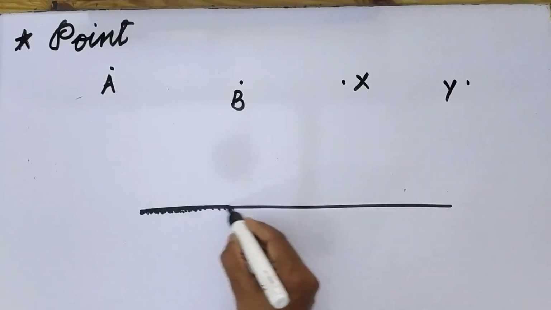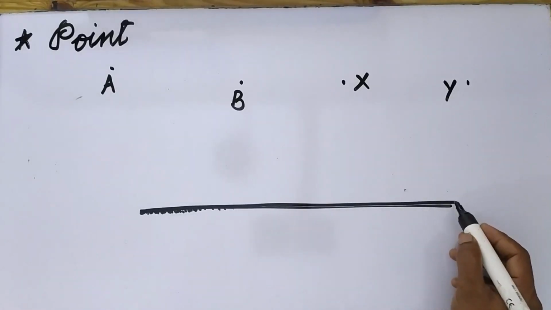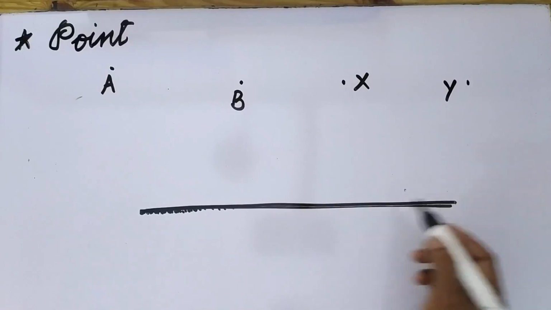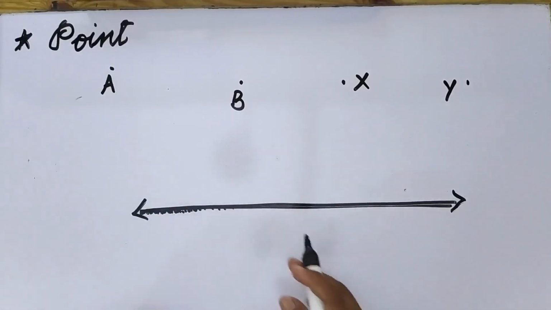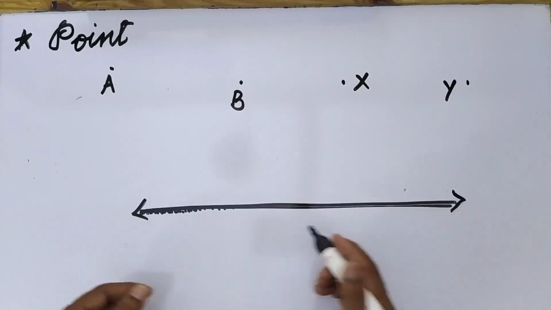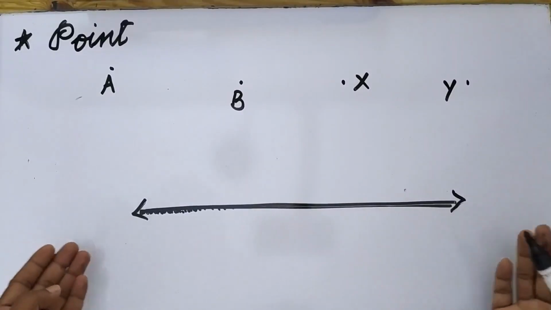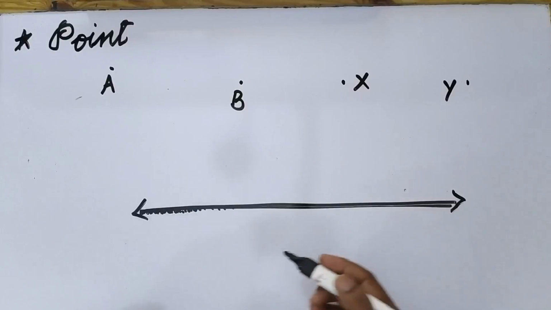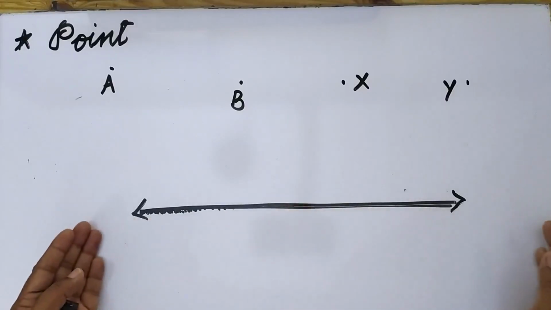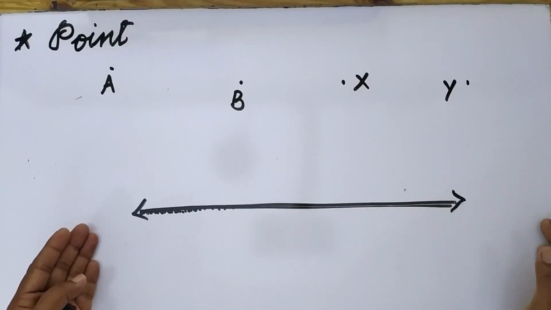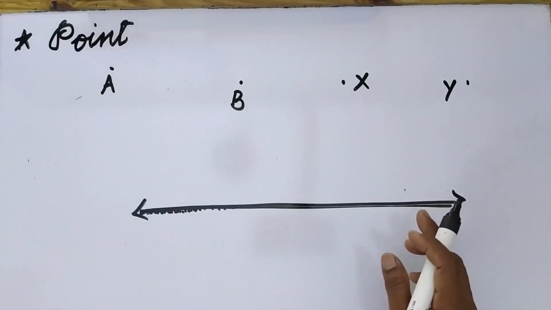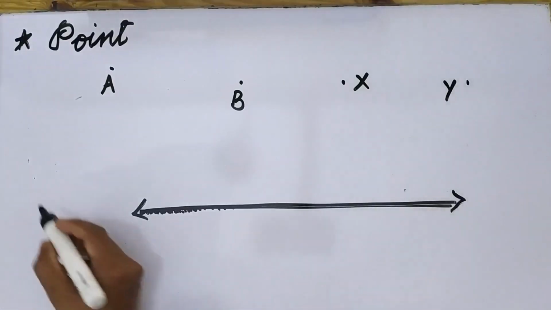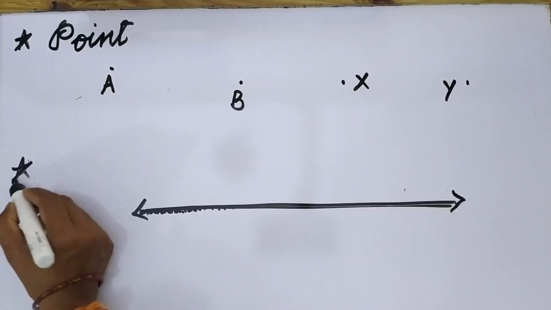So, when we draw a line, if we show an arrow on both sides, that means it's not having any end or beginning. So, it extends on both sides. Alright. Such a geometrical shape is called a line.